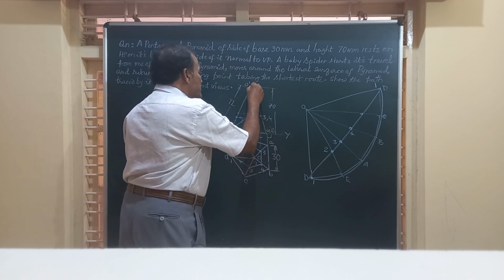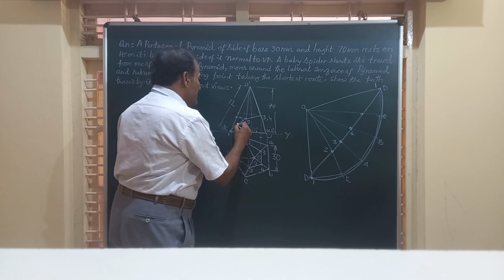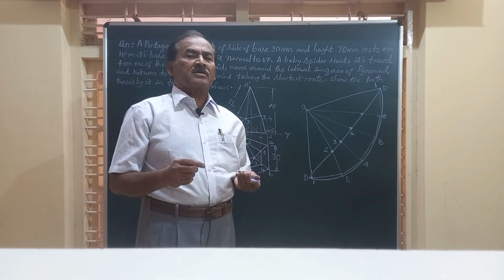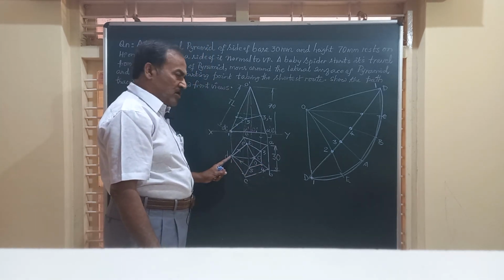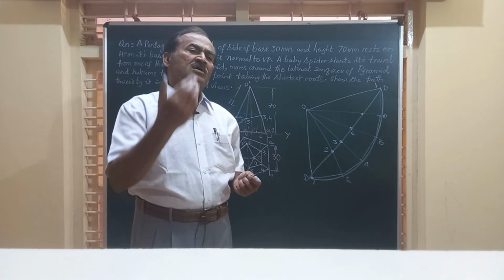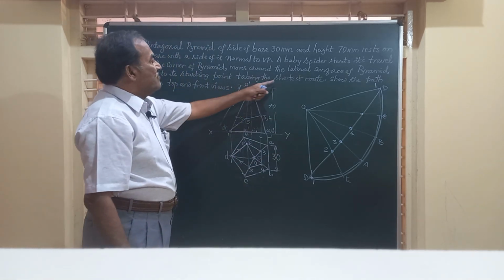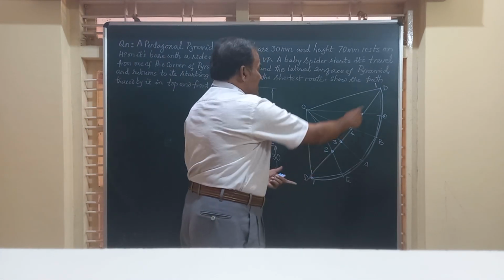So we are able to draw the front and top views of the path traced by the baby spider while traveling from a point on the corner of the base of the pyramid, going around the periphery, that is the lateral surface, and returning to the starting point following the shortest route. So the shortest route is this DD.